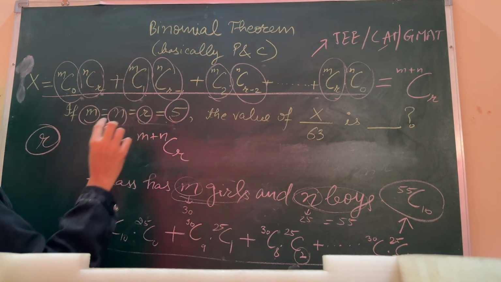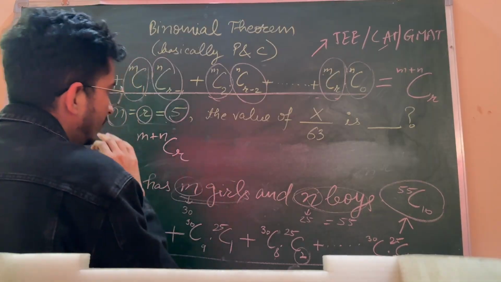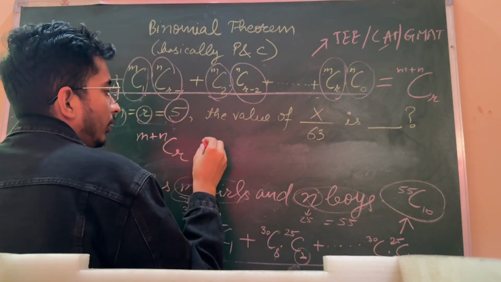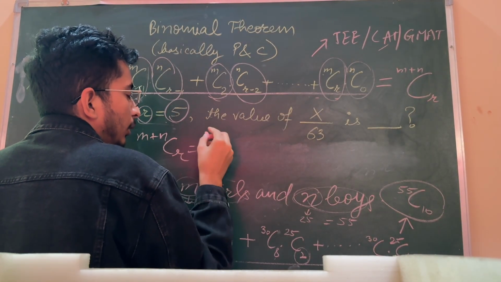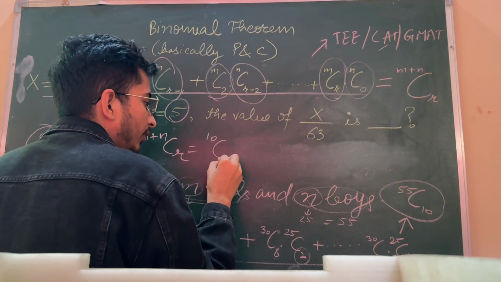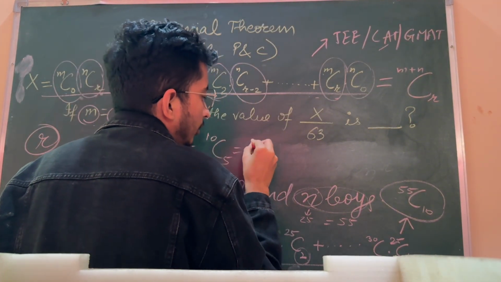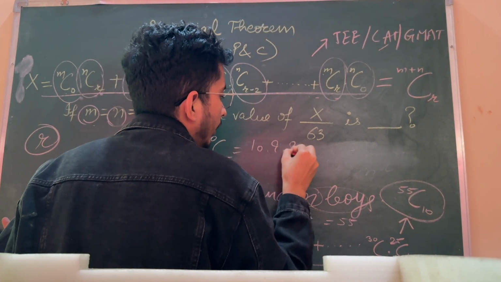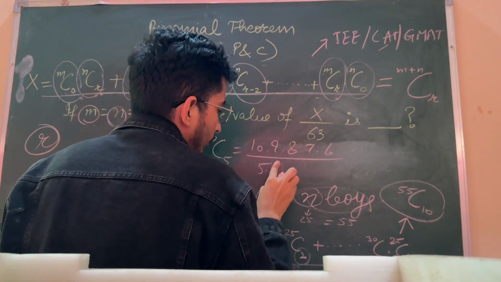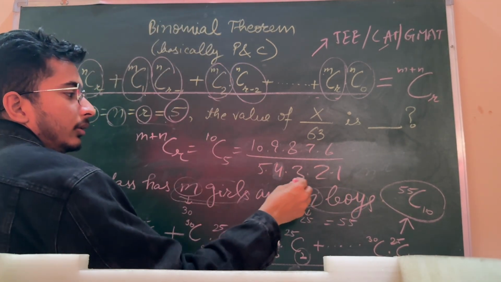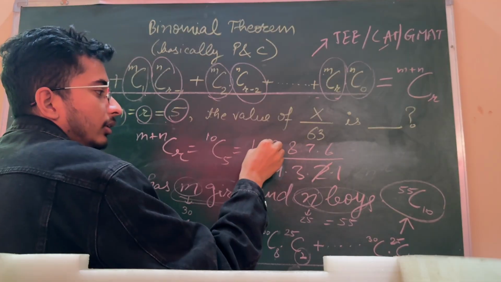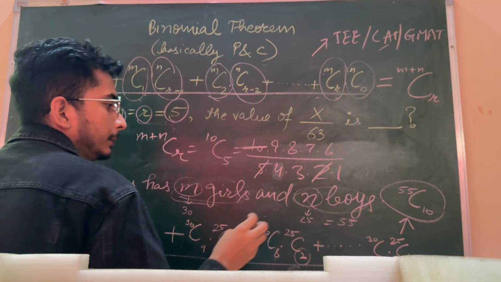We are given that M, N, and R, these 3 quantities are 5. All right. So 5 plus 5, which is 10, and 10 C 5. 10 C 5 is what? You can calculate it. 10 into 9 into 8 into 7 into 6 divided by 5 into 4 into 3 into 2 into 1. Right? So 5 and 2 got divided by 10.